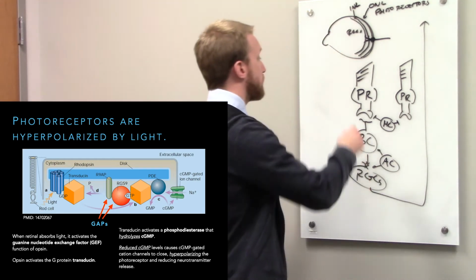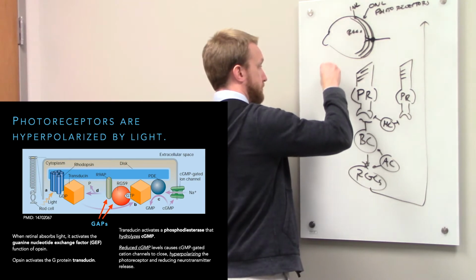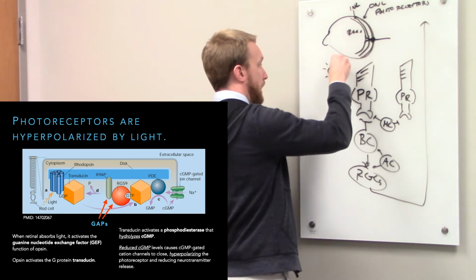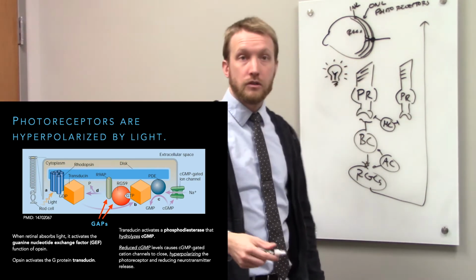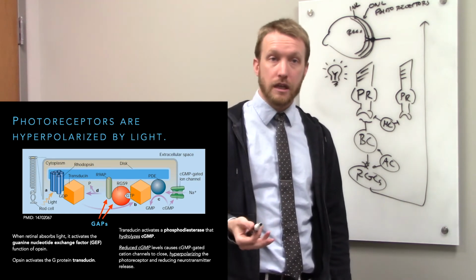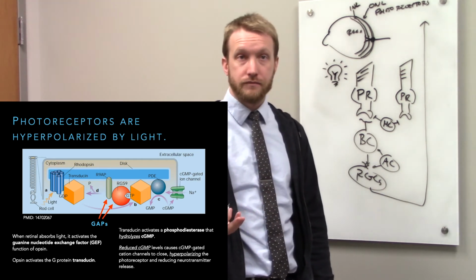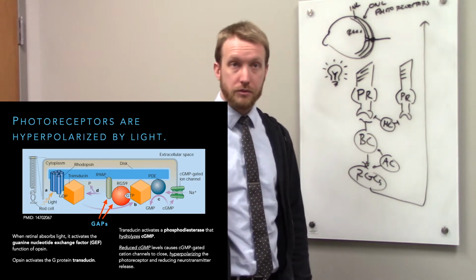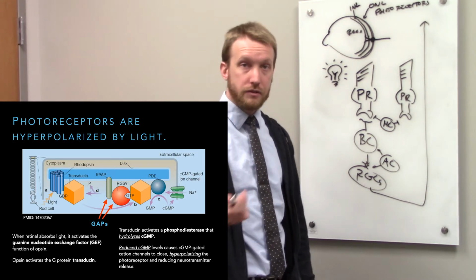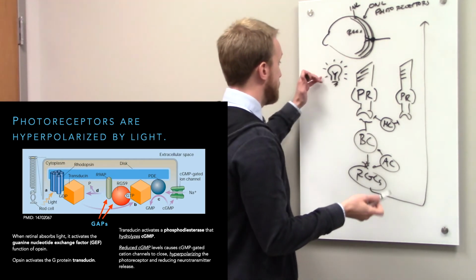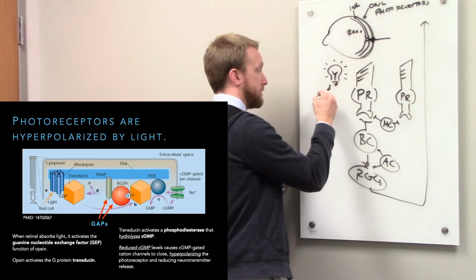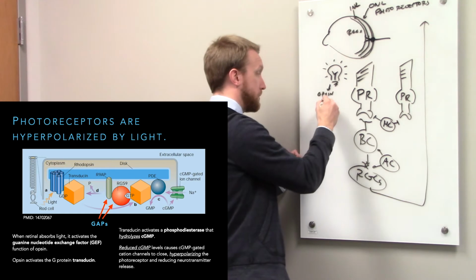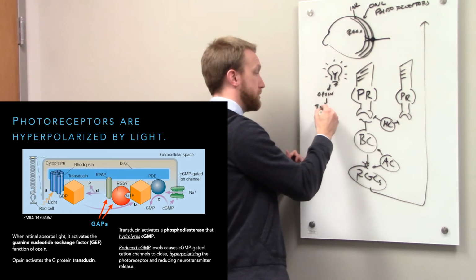When light hits photoreceptors, that's going to lead to hyperpolarization. The way that it's going to do that is by stimulating transducin. So, this is a new alpha subunit. What transducin is going to do is activate a phosphodiesterase. So, light is going to stimulate opsin. Opsin stimulates transducin.